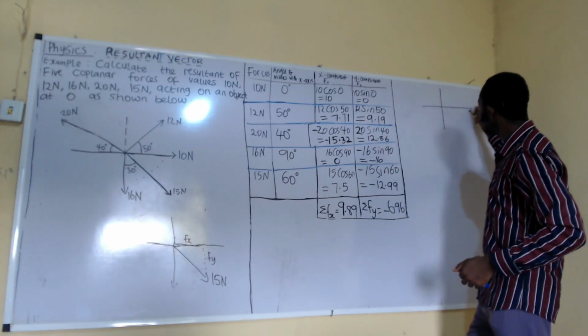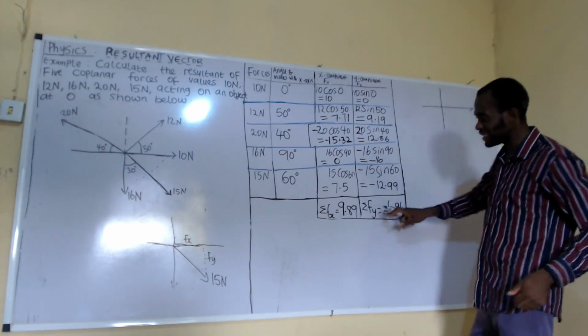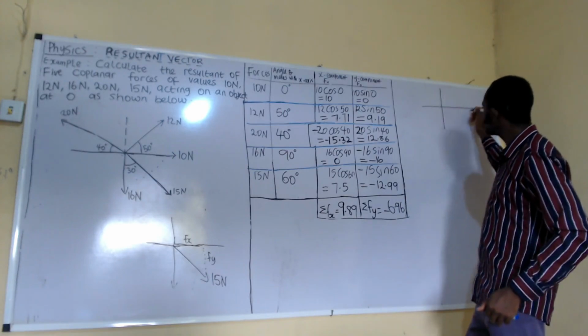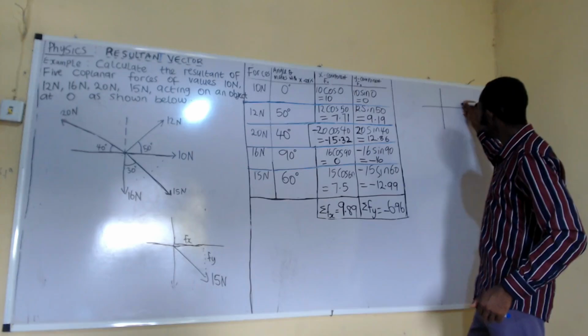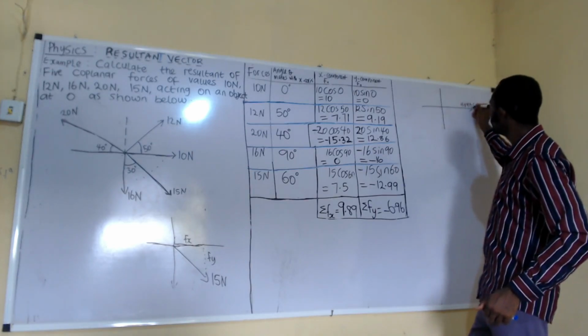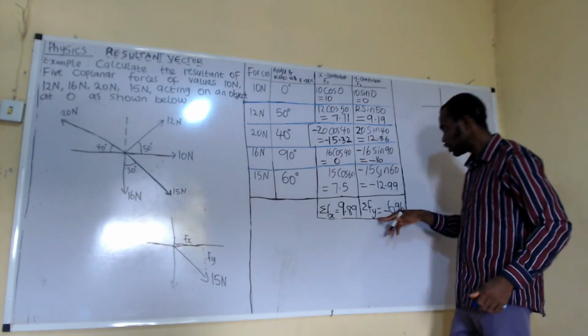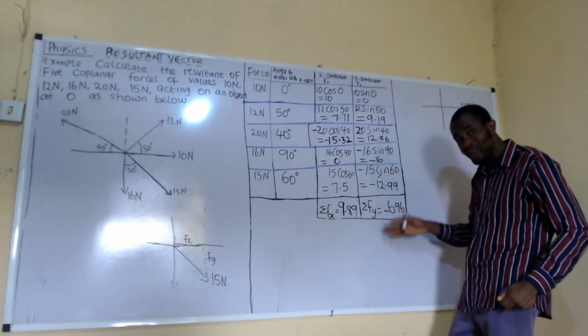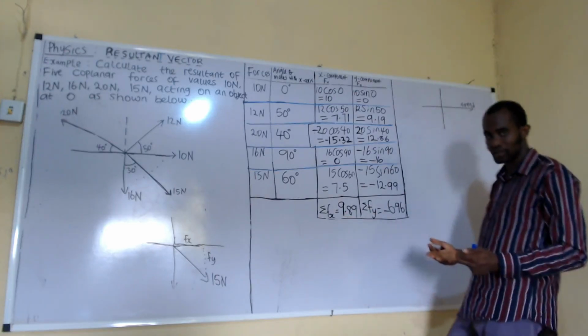It will be here, because it's an s component vector and it is positive. So we represent this as 9.89 Newton.